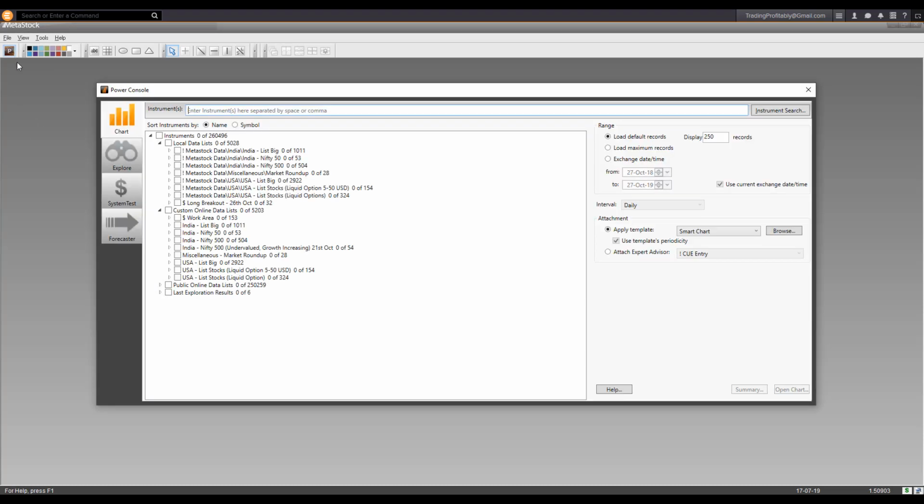I showed that QQQ broke out and SPY is about to break out. When the market is breaking out, you may look for breakout trading candidates. How do you do that?